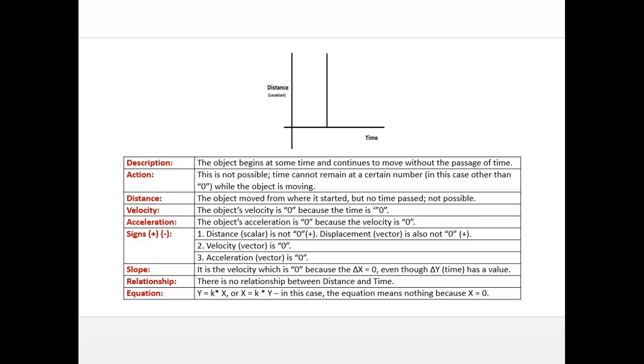The change in time has a value, but the change in x is 0. There's no direct relationship between distance and time because it doesn't qualify. It is a straight line, but it didn't start from the origin. And of course, the equation means nothing really because x is 0.